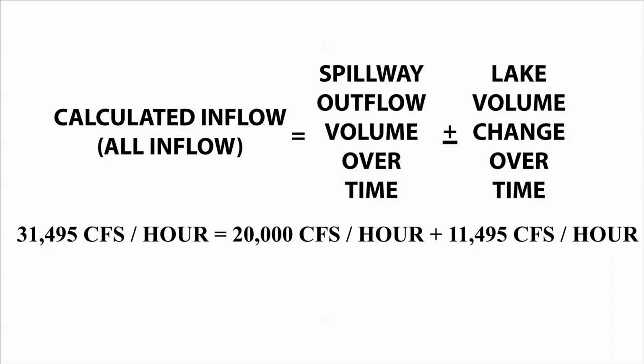The unknown inflow has now become the calculated inflow and is 31,495 CFS. When the spillway is flowing and the lake is rising, the unknown inflow is equal to the spillway outflow plus the flow determined from the volume change in the lake.